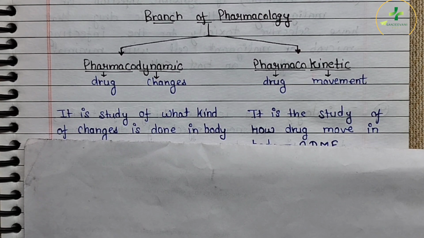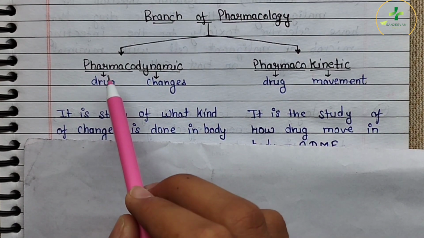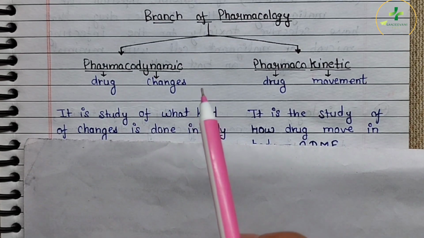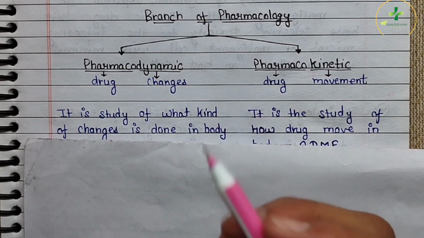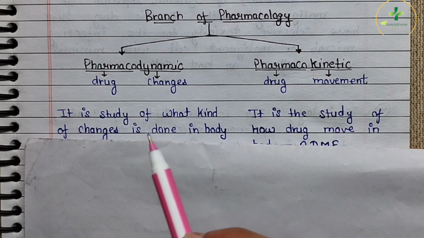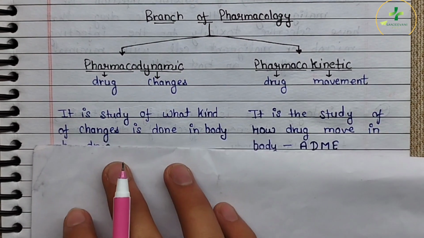Static means which does not change, and dynamic means which changes. So pharmacodynamics means the changes which a drug induces in our body, the changes induced by the drug after administration in the body.